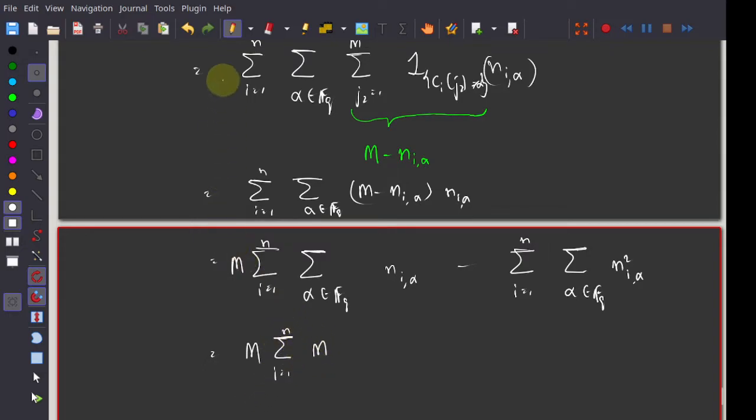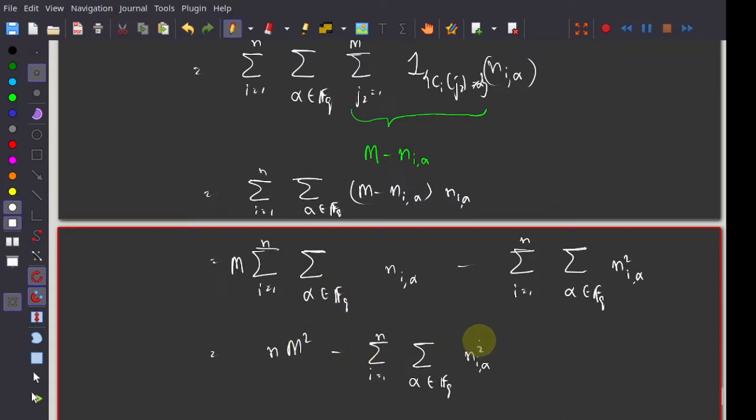This is basically n times m. So this whole thing is n m square minus summation i equal to 1 to n, summation over alpha, of n_i alpha square.